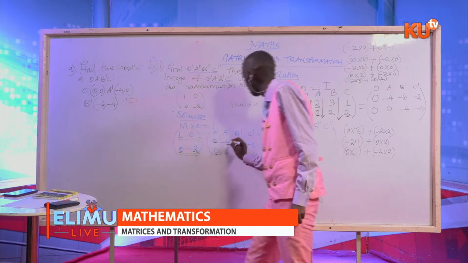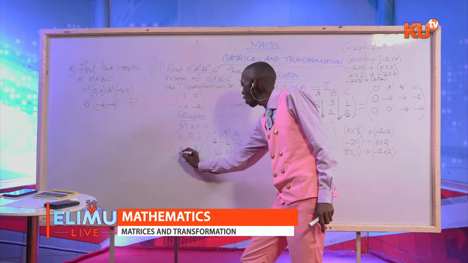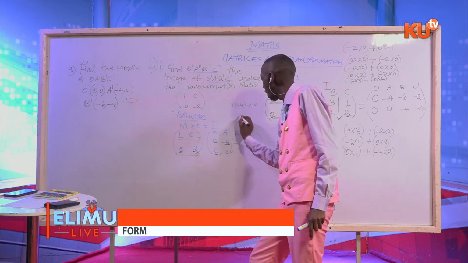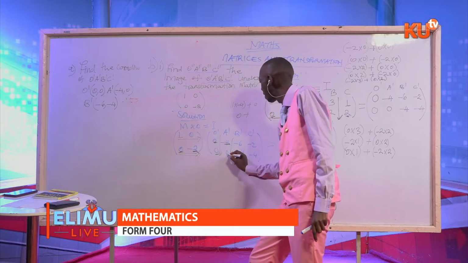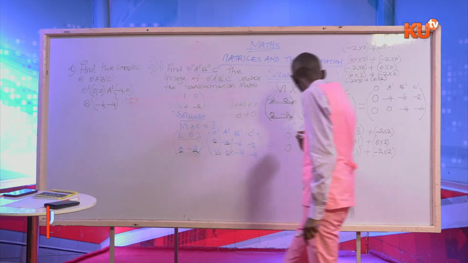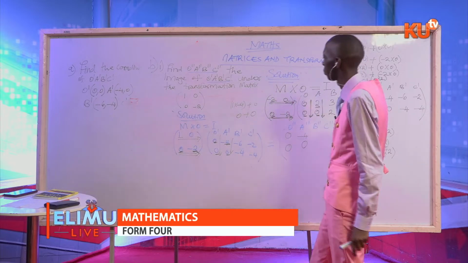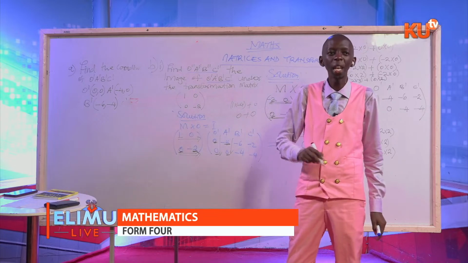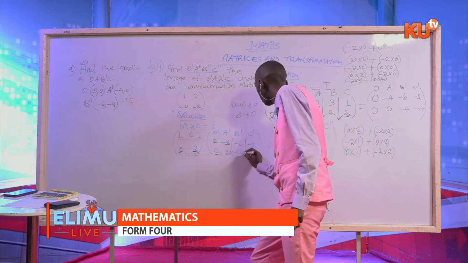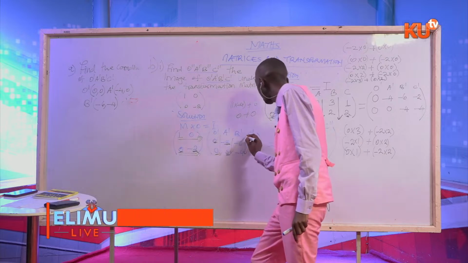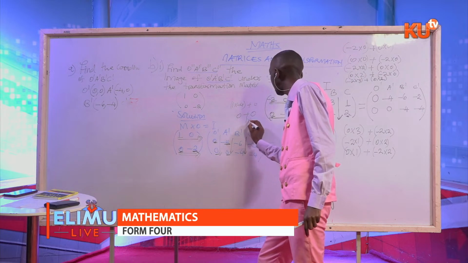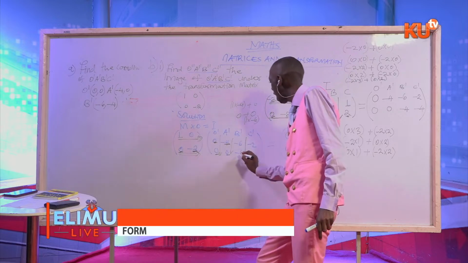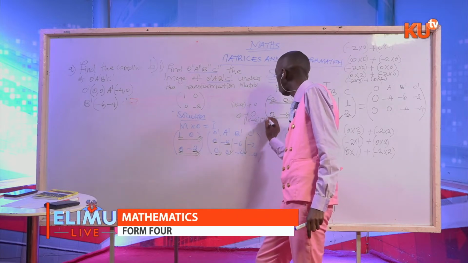Second row, second column. 0 times negative 4 is 0 plus negative 2 times 0 is 0. 0 plus 0, 0. We move on now to the B double prime. First row, third column. 1 times negative 6 is negative 6. 0 times negative 4 is 0 plus 0.